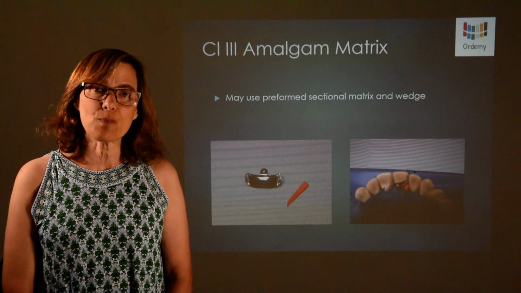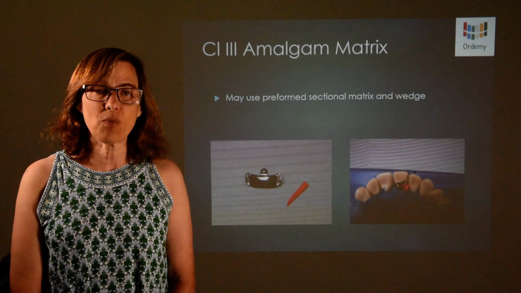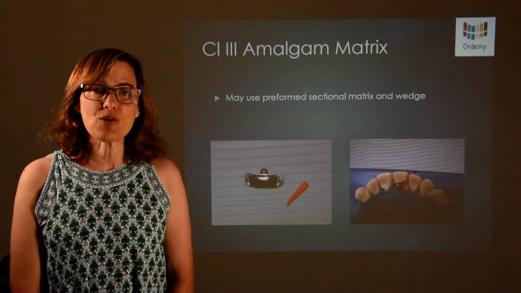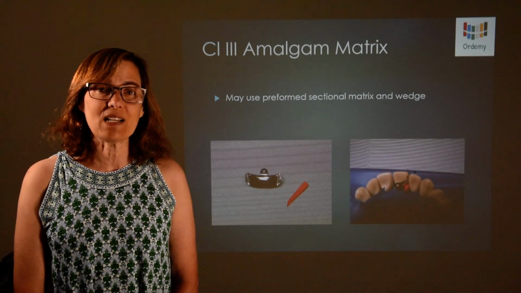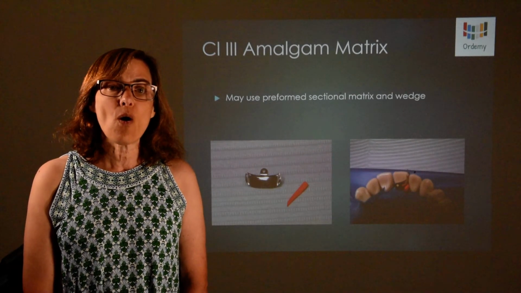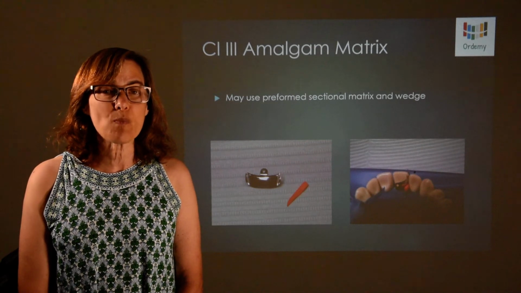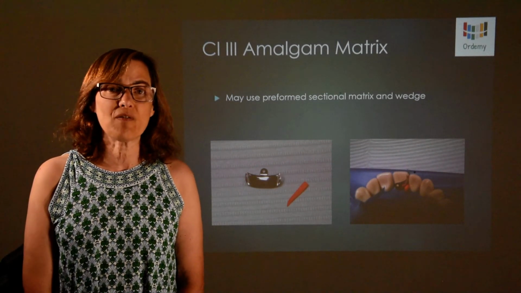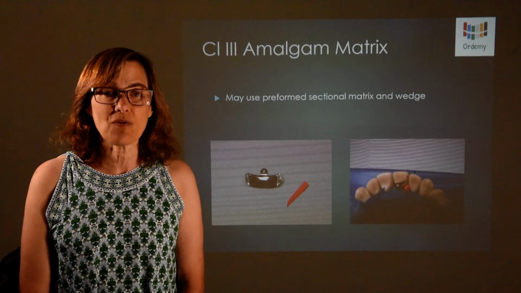You must choose the correct size of the wedge, because if you do not, the embrasure area will change in its contour, either allowing food to get impacted in the area if you use too large of a wedge, or if you choose too small of a wedge, there will be an overcontour of the material, which will lead to constant gingival irritation.